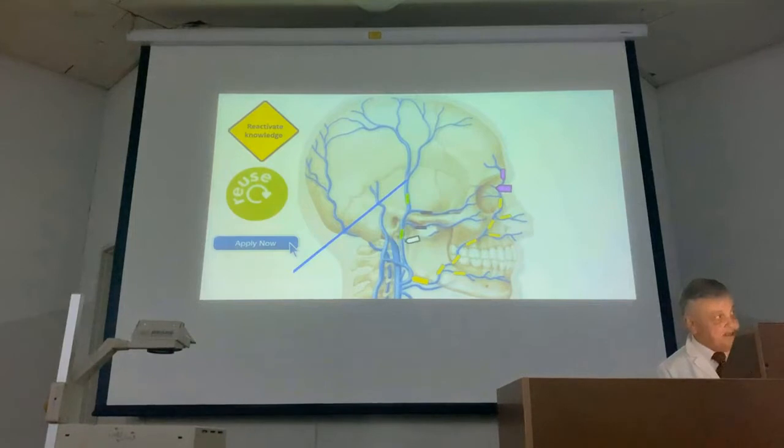It receives the maxillary vein as well, and makes this vein, the pink one. Pink one is called retromandibular vein, which is going to divide into anterior and posterior parts.